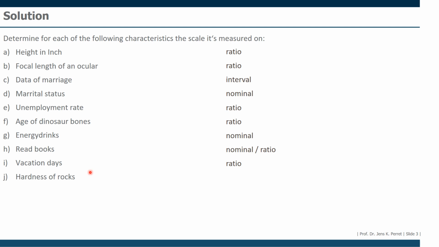Because 10 is the hardest there is, that's like diamonds, and 5, that's something like feldspar, that's something which, well, depending on your strength, you might crumble against some other rocks. So it's not a linear scale. So here you could order this, but even distances might be pretty hard because a 9 and a 10, the distance here is much different than from a 0 to a 1. So with hardness of rocks on the standard scale, this usually is only an ordinal scale.